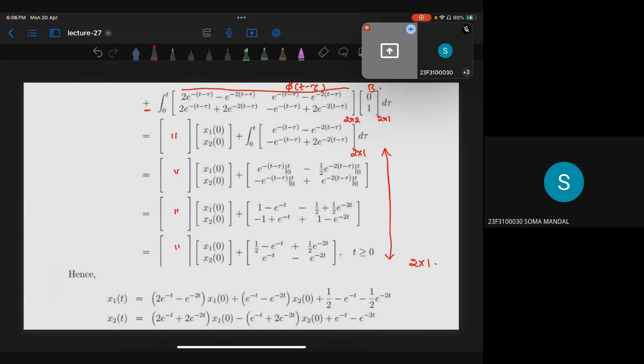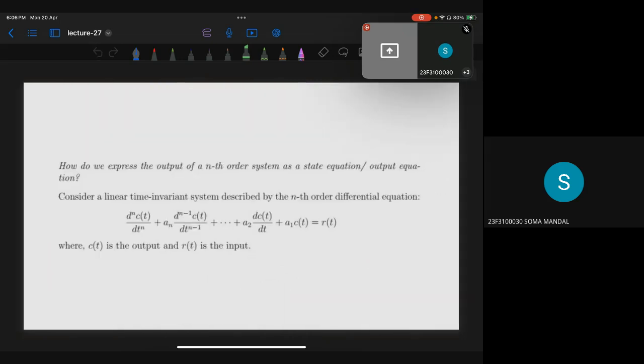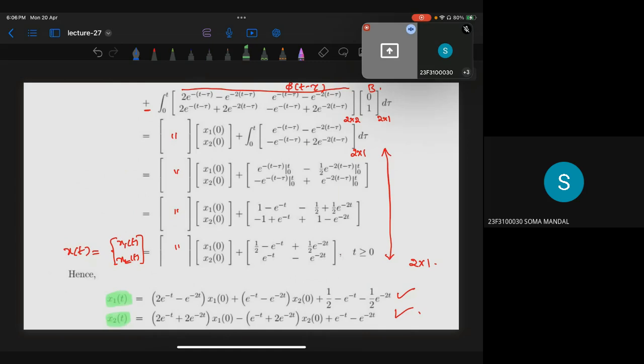The first row gives you this, the second row gives you this. Why? Because on this side we have only x of t, that is x1 of t and x2 of t. Is this clear? Any doubt?